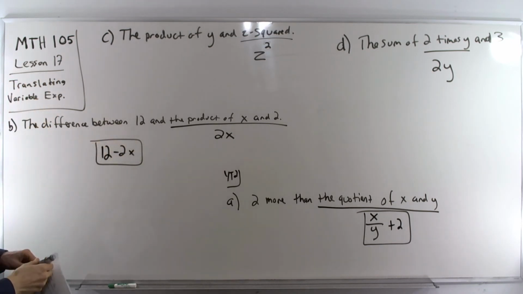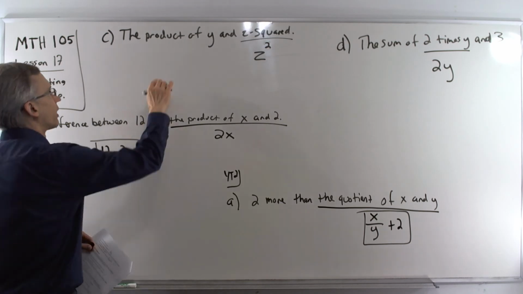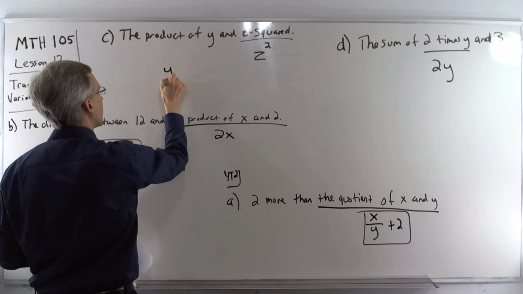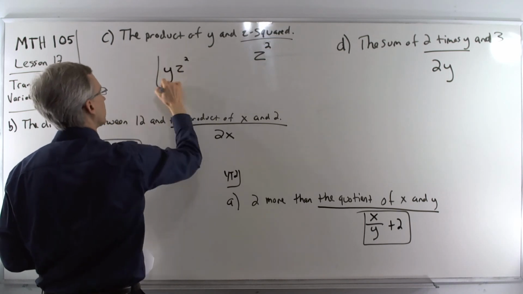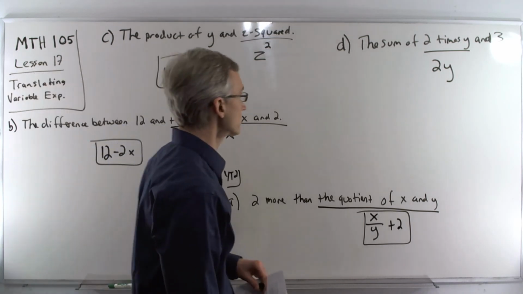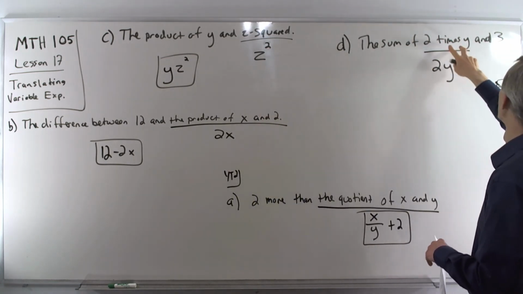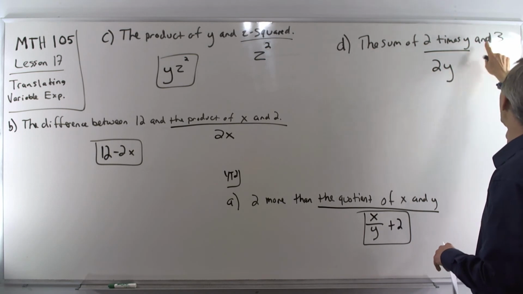Now you've got the product of y and z squared. Product is multiplication, so we're going to multiply y with this thing, z squared. So y, z squared. The sum of 2 times y and 3, sum is addition. So we're going to take 2 times y, or 2y, and add 3 to it.